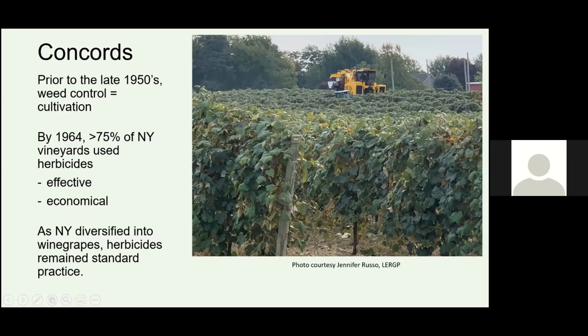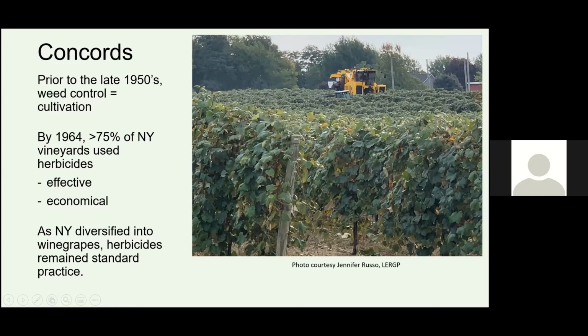When we talk about that area, we have to remember way back to the days before pesticides were widely available. Prior to the 60s, growers used to cultivate under vines. That's how they controlled the weeds.